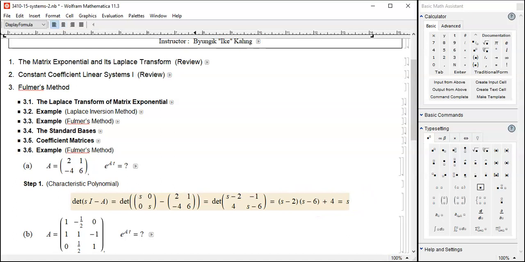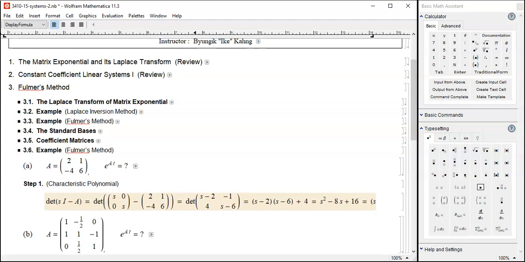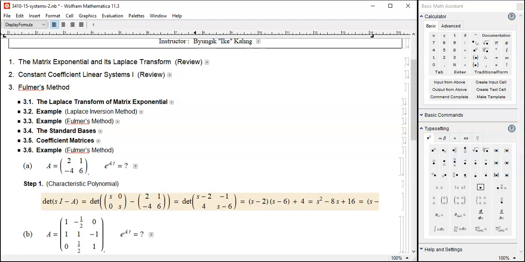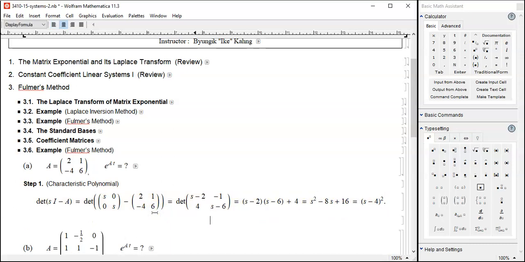I'm going to get s squared minus 8s plus 12. Yeah, sum them up. Okay, and then plus 4. Total, I'm going to get plus 16. Okay, I have it. s minus 4, total quantity squared. And what we have is a double root. So we have only one zero, double zero.